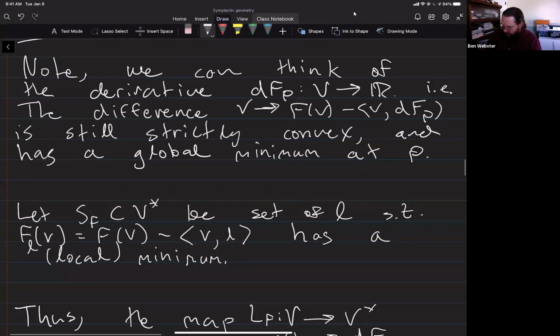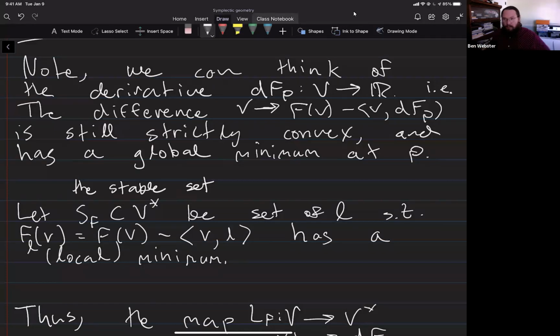Okay, so let me just actually add this in. This is called the stable set. So all the functions, so we saw here that all of the elements of V dual that appear as derivative of f at some point have this property that when you think of them as linear functions and subtract them off of f, you get a global minimum.